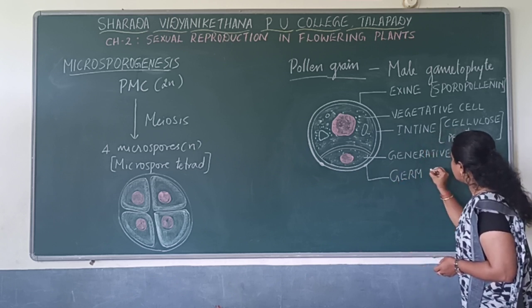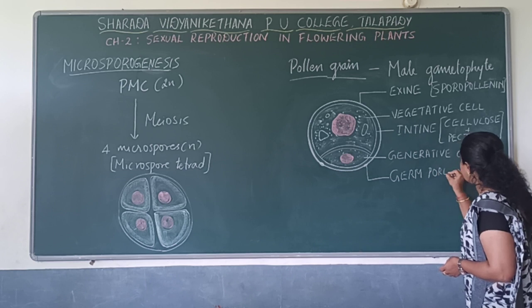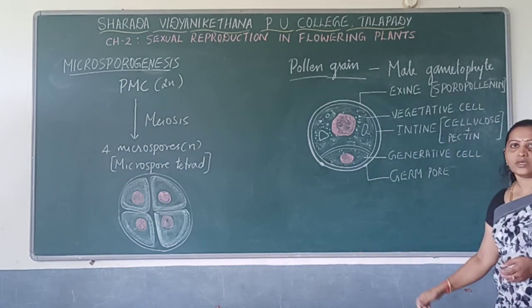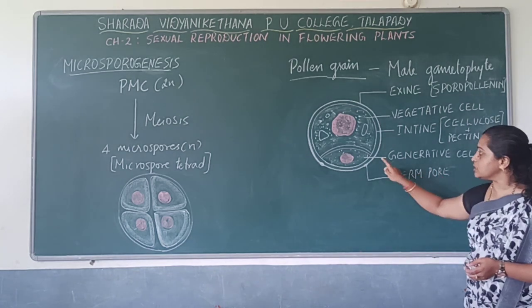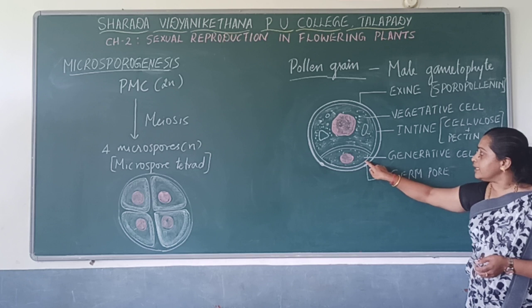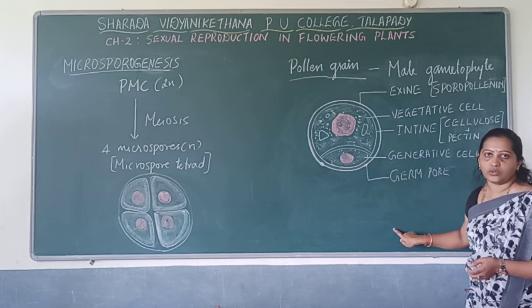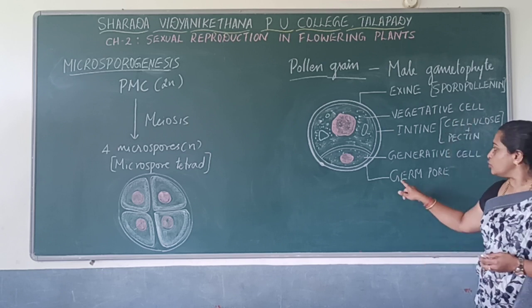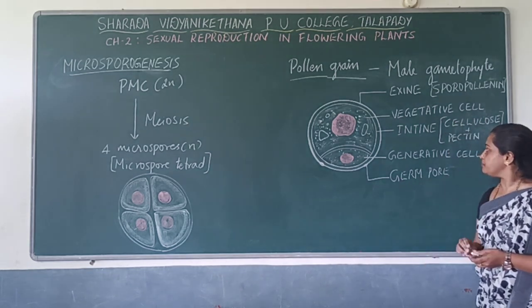It is through these germ pores that the pollen grain germinates and the intine wall layer protrudes out. So this is how pollen grain germinates, through germ pores.